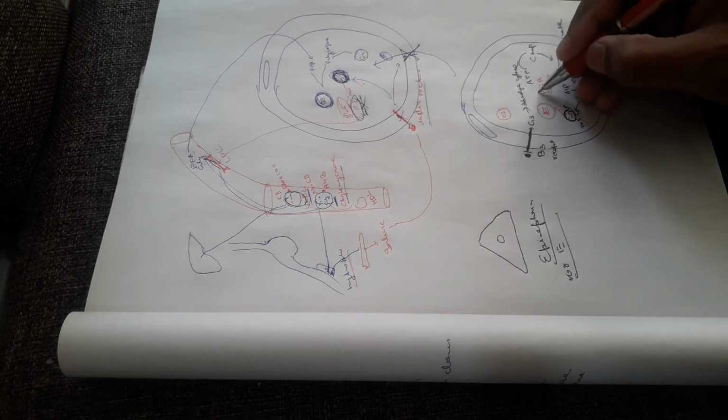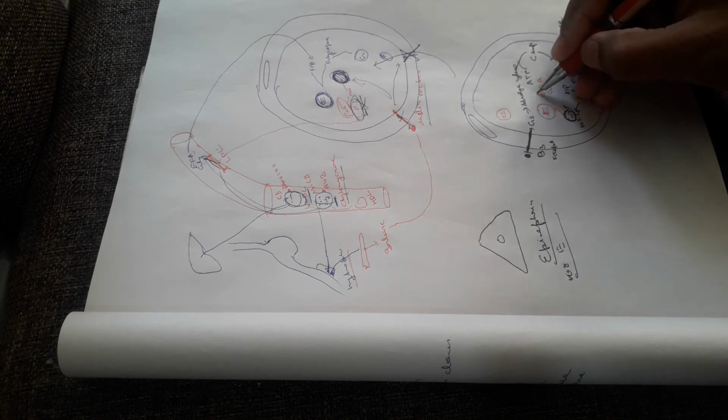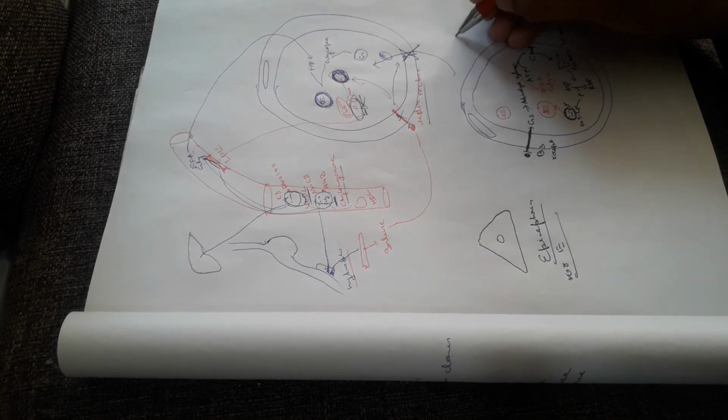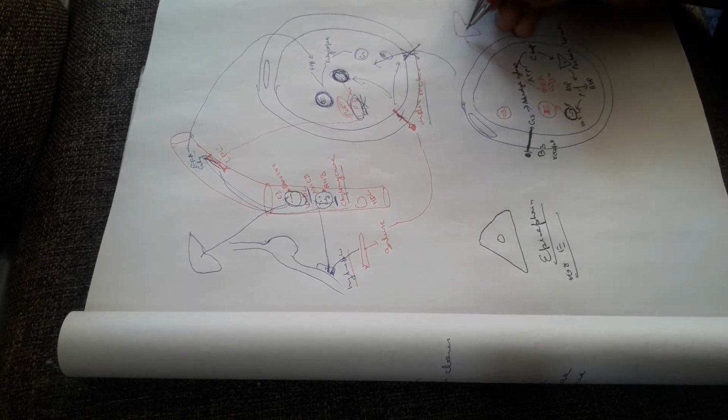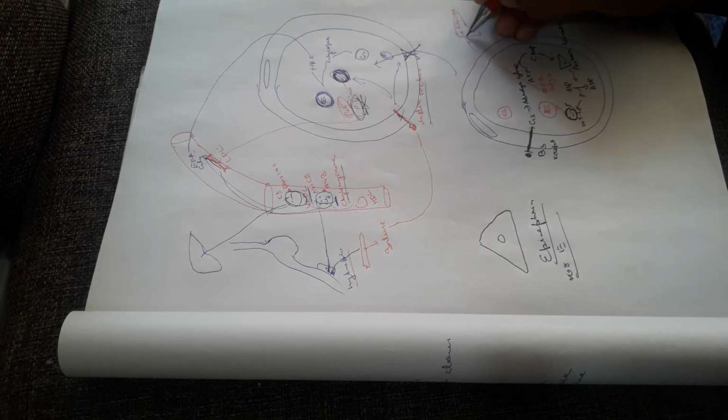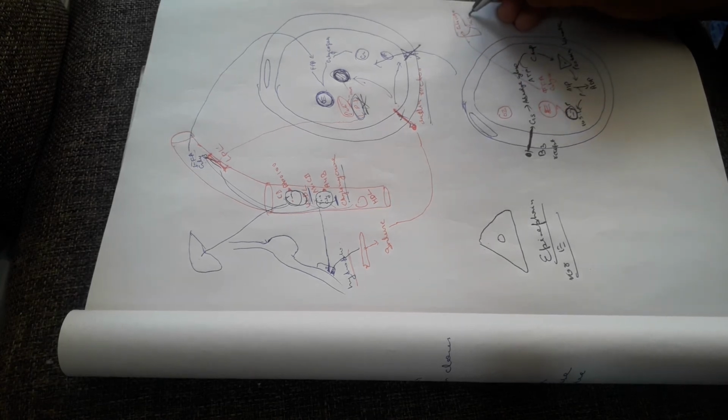Then this free fatty acid goes to the liver, and here it converts into two things. First glucose, and second one is ketone bodies.